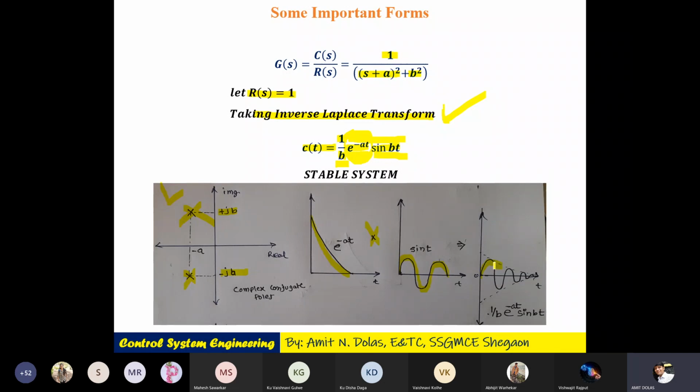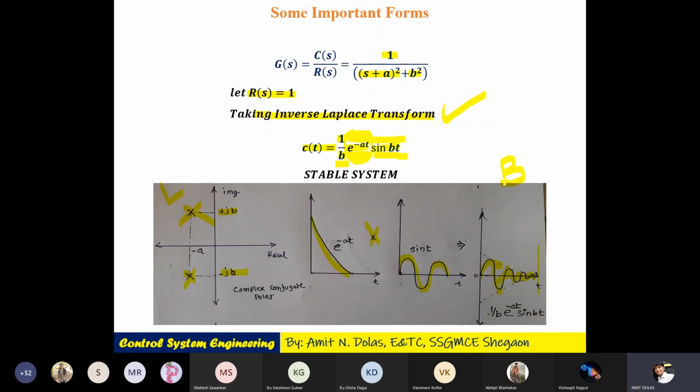It will be a sinusoidal wave, starting at 0 and going towards some positive amplitude. Gradually it decreases and it dies out after a certain time period. So again, the output is not infinity, meaning it is bounded. So I will write here B, bounded output.